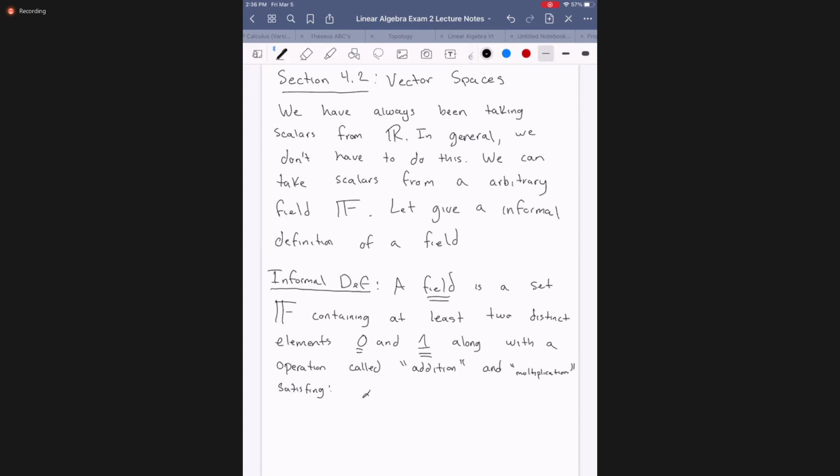So if you have alpha plus beta, this equals beta plus alpha, so it commutes. For all alpha and beta in this field, the things commute under this operation of addition.